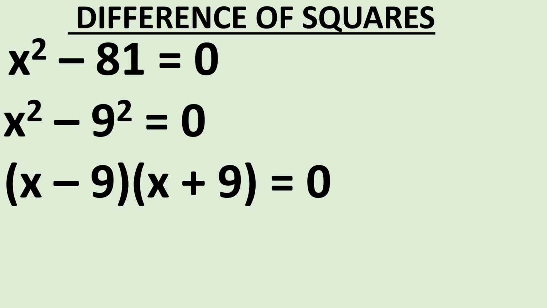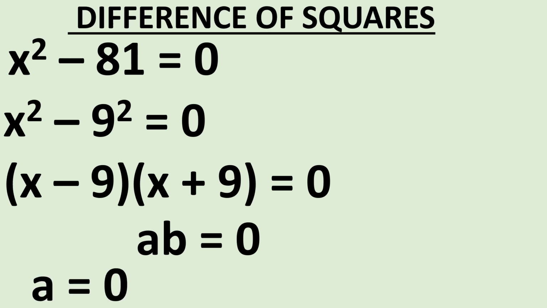a squared minus b squared equals (a minus b) into (a plus b). What's our a here? Our a is x. What's our b? Our b is 9. So it becomes (x minus 9) into (x plus 9) equals 0. And when you have a product that equals 0, ab equals 0, meaning a times b equals 0, it tells you that either a is 0 or b is 0.